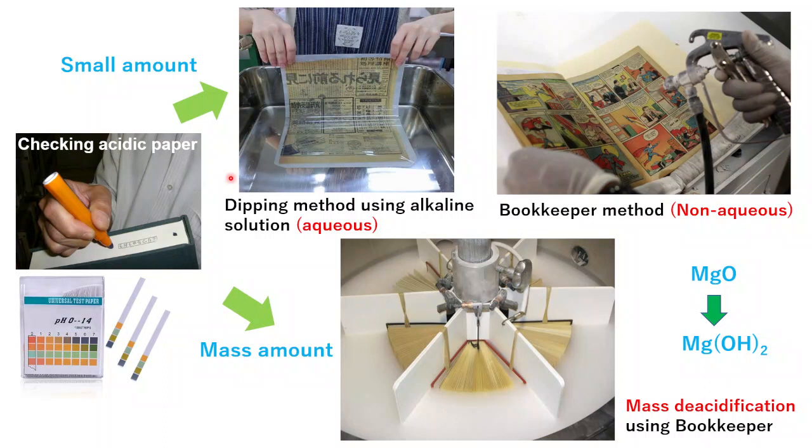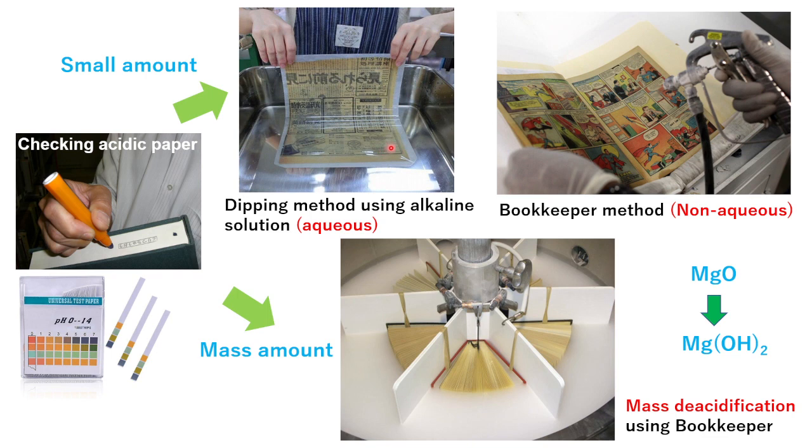As previously mentioned, the deacidification methods can be divided into aqueous deacidification and non-aqueous one. First of all, a specific method was proposed by William Burrough in the 1960s to neutralize acidic papers by immersing them into alkaline solutions. Burroughs' first deacidification treatment at the time was to use an alkaline solution obtained by dissolving calcium or magnesium hydroxide or their carbonate, which is still being employed in many libraries.